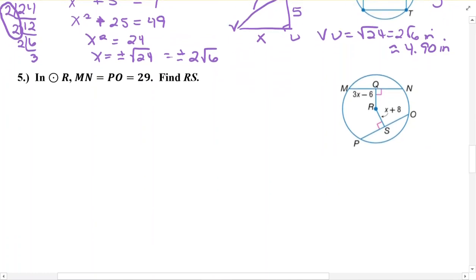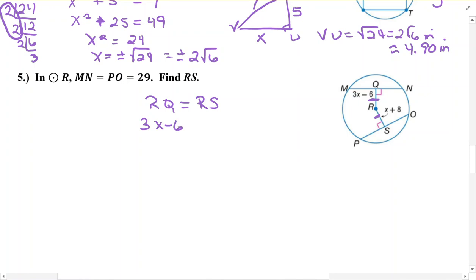For the last problem, in circle R, we know that MN equals PO, so those two chords are congruent, which means that they're equal distance from the center. So RQ has to equal RS. We want to find RS, but since RQ equals RS, we can set up our equation.